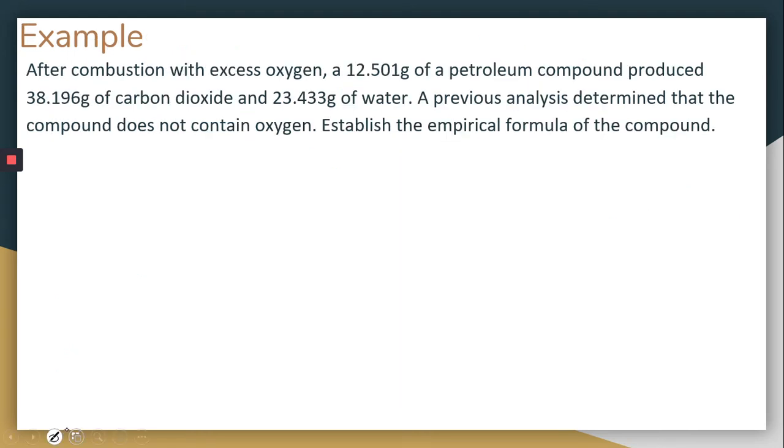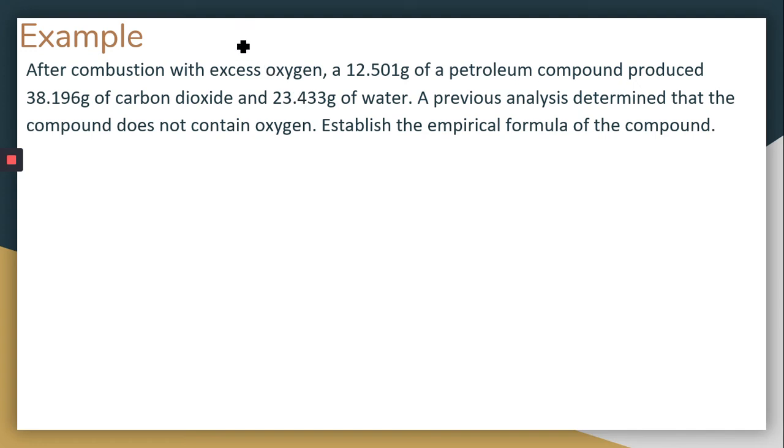All right, looking at another example. After combustion with excess oxygen, this mass of the petroleum produces carbon dioxide and water. So this is a little bit different in that it tells us what the mass of the compounds are.